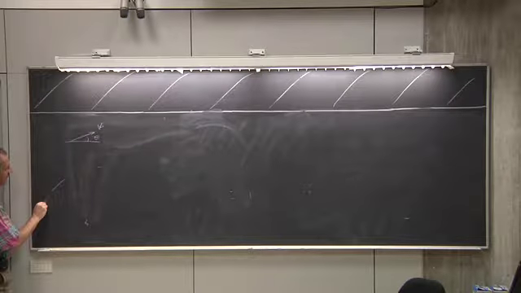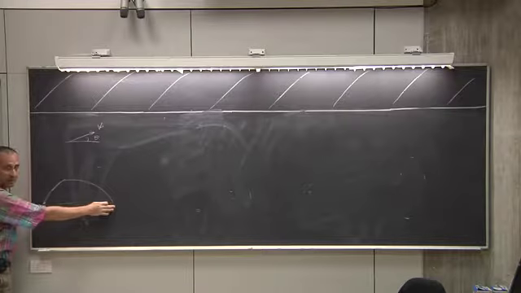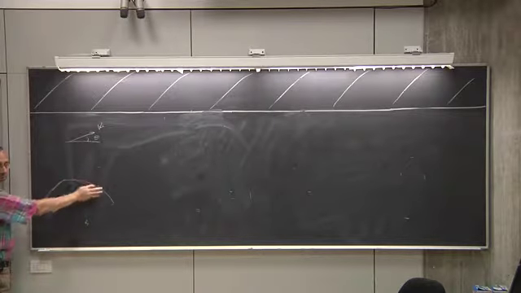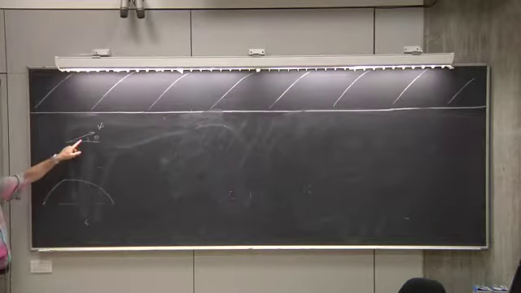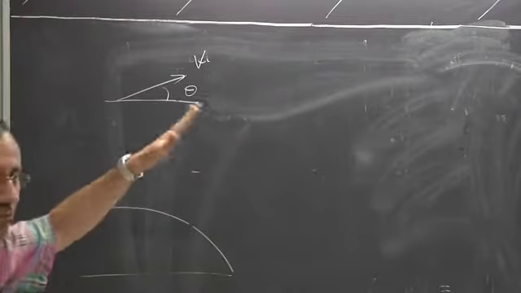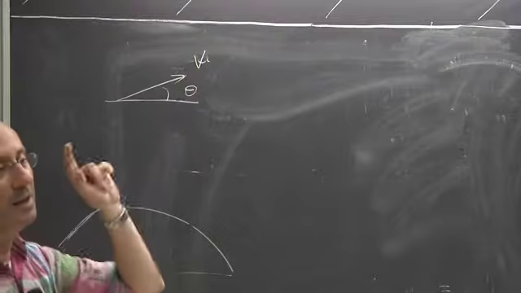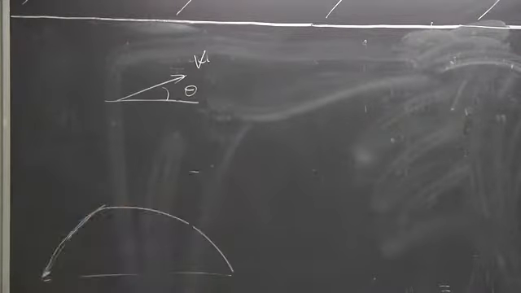You gain some distance, because part of your path is where the air is thinner. So they knew that they shouldn't fire at pi over 4, the 45 degrees. They should fire a little bit higher, and then the gunshot will go further and hit Paris.